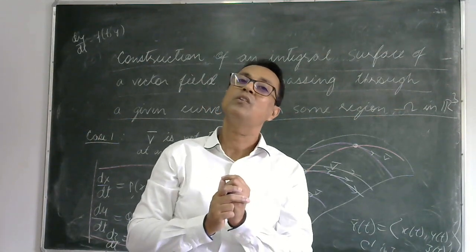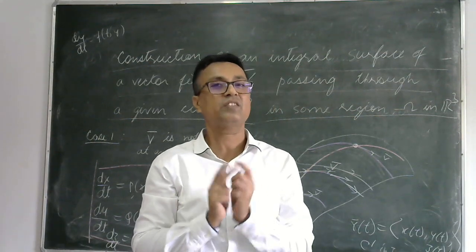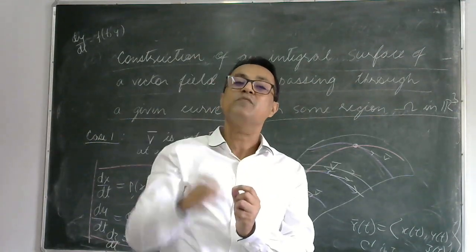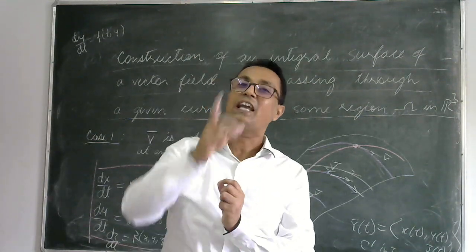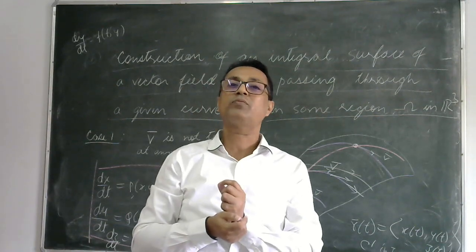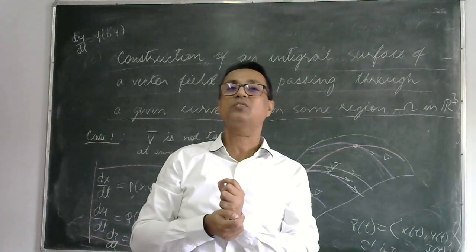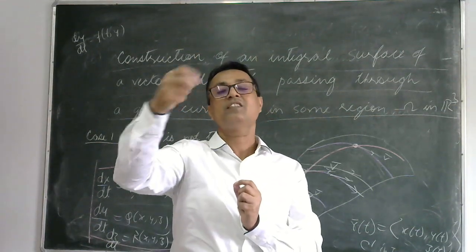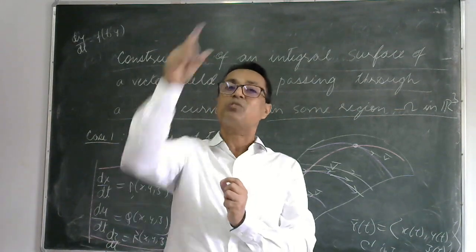For it to be an integral surface, I want the vector V to be tangent at each point, and that comes from the fact that each of those curves passing through the points of the curve C were nothing but integral curves of the vector.